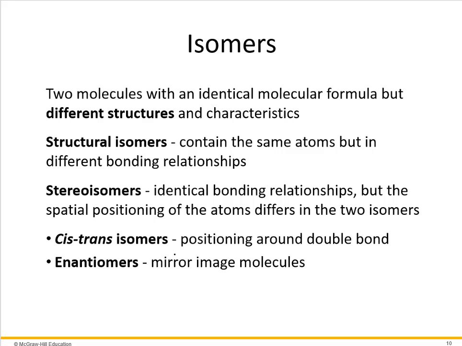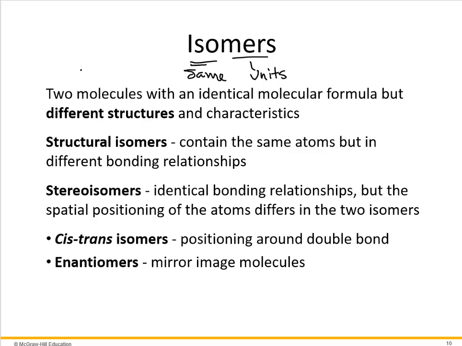And now we want to talk about isomers. So with isomers, relating this to isotopes and ions, iso means the same, and mer has to do with units or what it's made of.